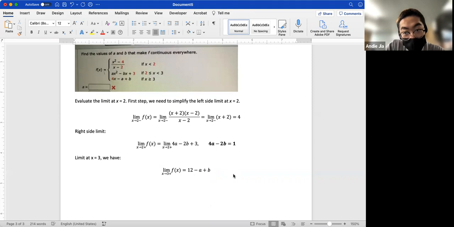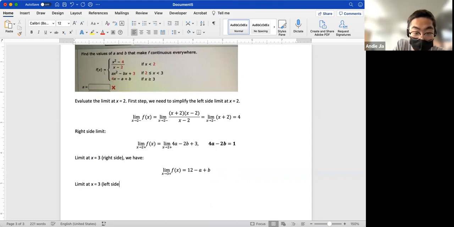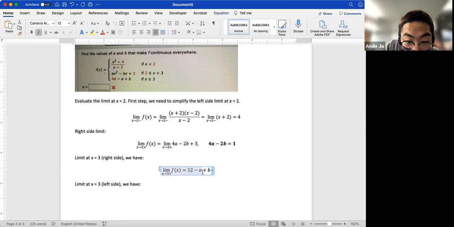That is the right side limit. Like the left side limit at x equal to 3, from the left side, maybe 9a minus 3b plus 3.